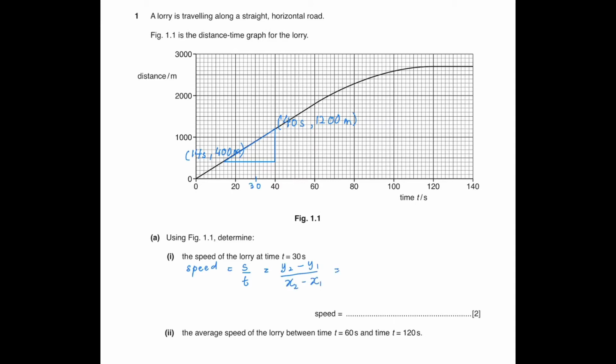So our y is 1200 meter per, 1200 minus 400 meter per 40 minus 14 second.